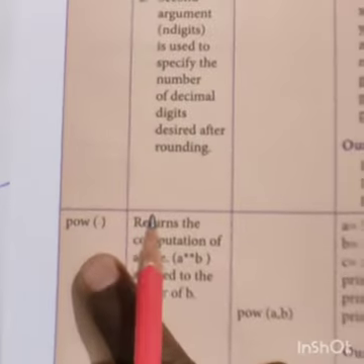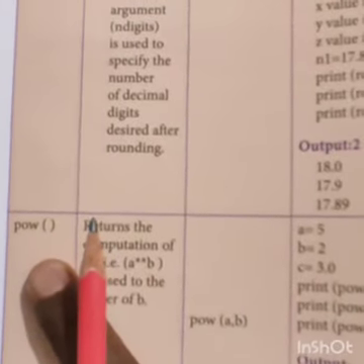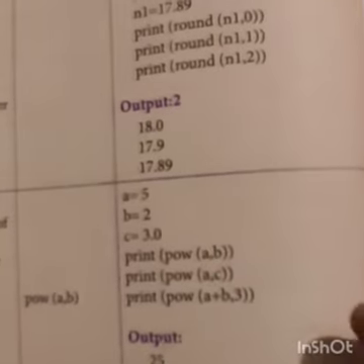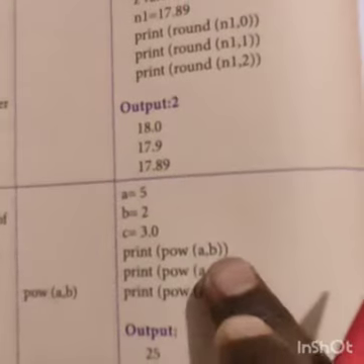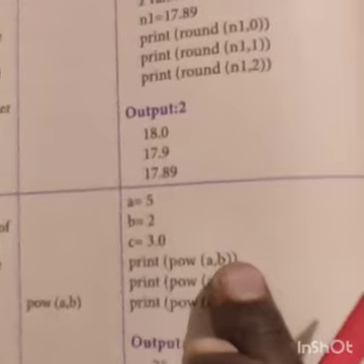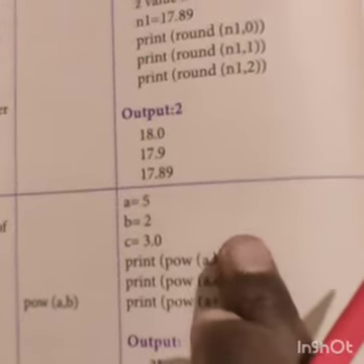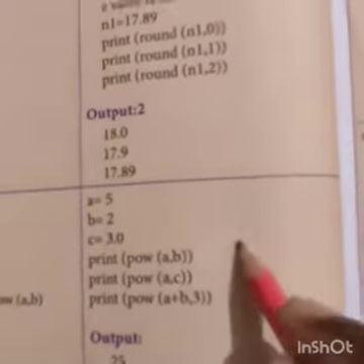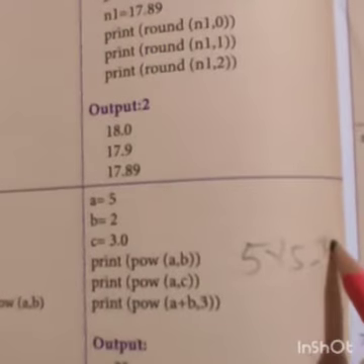So next function, what? Power. You already know power. Power means a number to the power of another. A comma b, where a is 5 and b is 2. 5 power 2 means 5 into 5, 25.